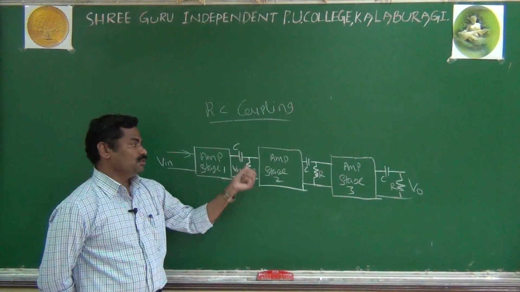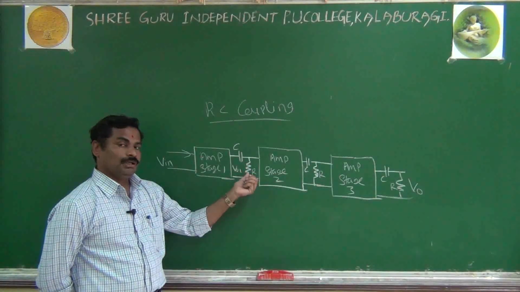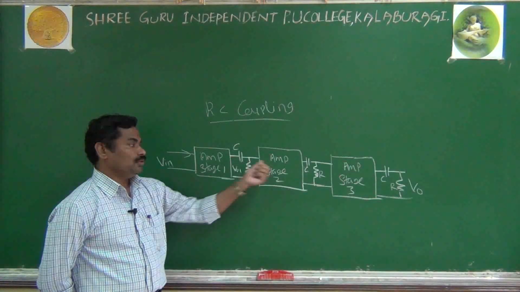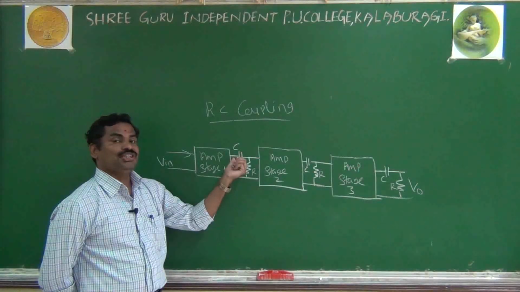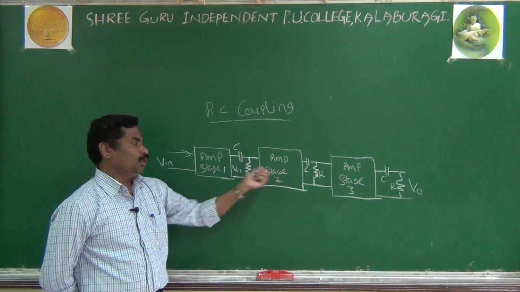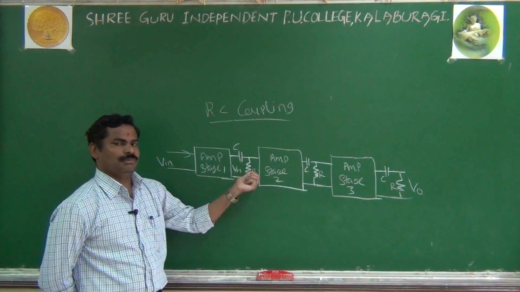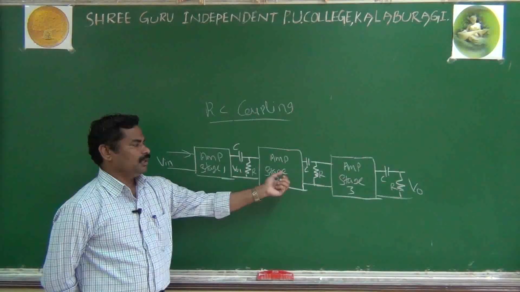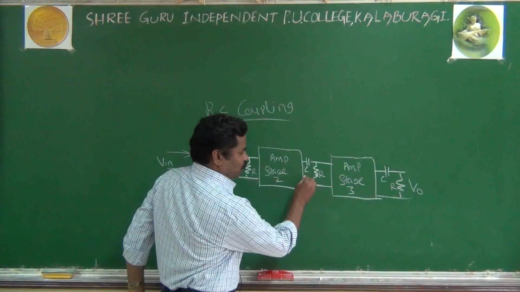That is by using R and C. By using R and C, you are transferring the AC signal from output to input, or by using R and C elements. This may be your V02.